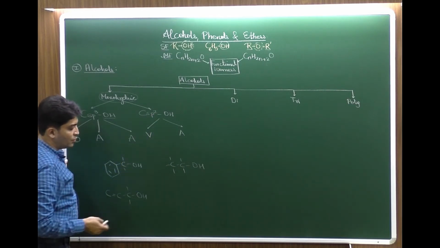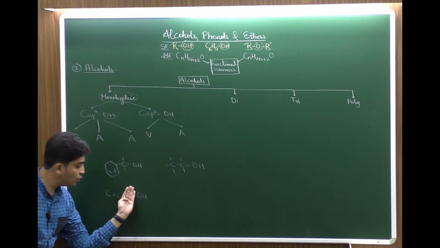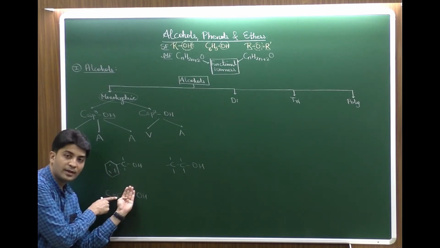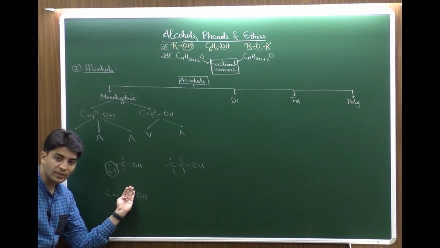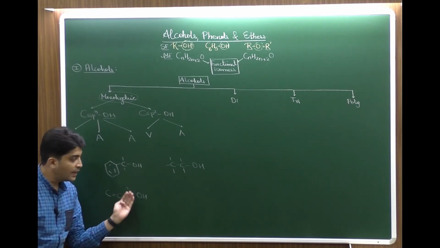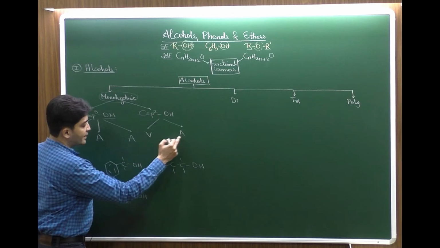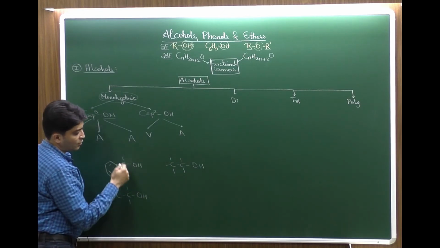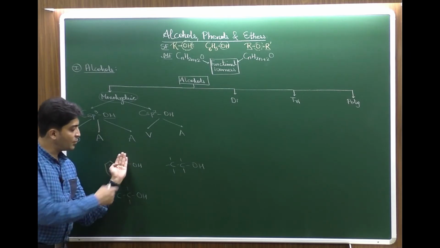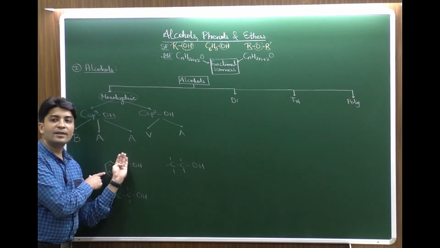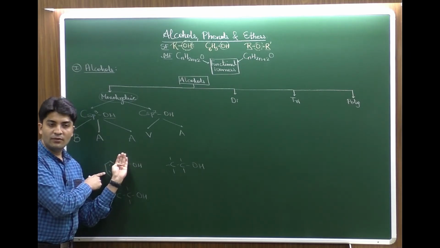Vinylic alcohols are those having the OH directly on the double bonded carbon. So if in the allyl I just skip the single bonded carbon, I get a vinyl alcohol. And in the aryl case, if I just skip this, the OH would be directly bonded to a benzene ring. But when the OH is bonded to a benzene, it is not an alcohol. It becomes a phenol.